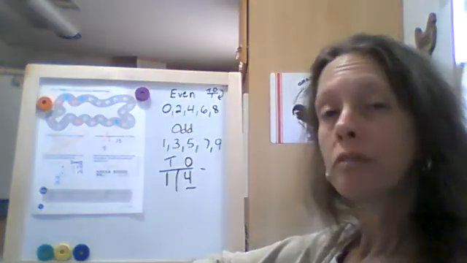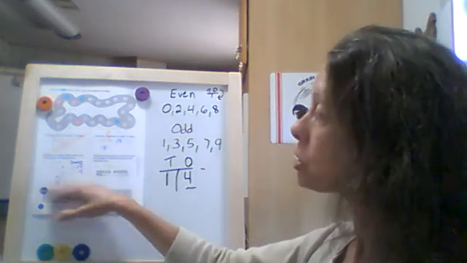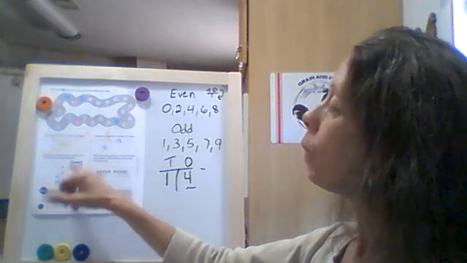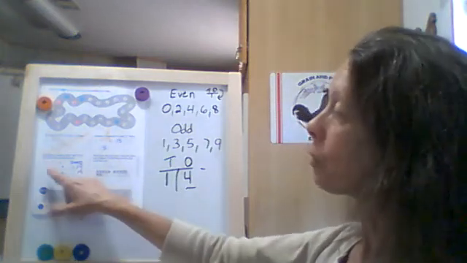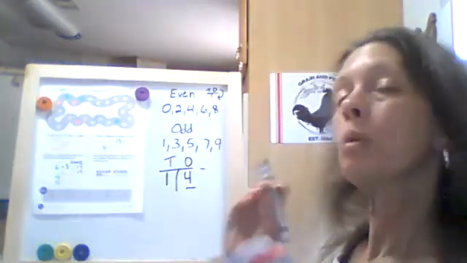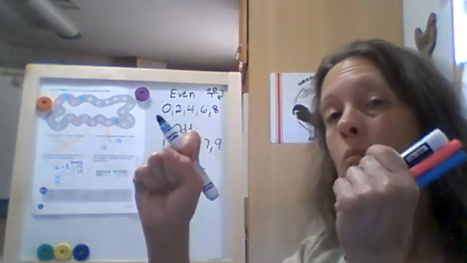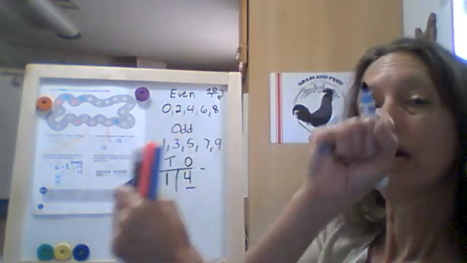Now, all you have to do is put in the other parts to this. What plus what is 14? Well, we already know we've got 6 and 8. So we can put 6 plus 8. But remember the commutative property? 6 plus 8 is 14, but also 8 plus 6 is 14.